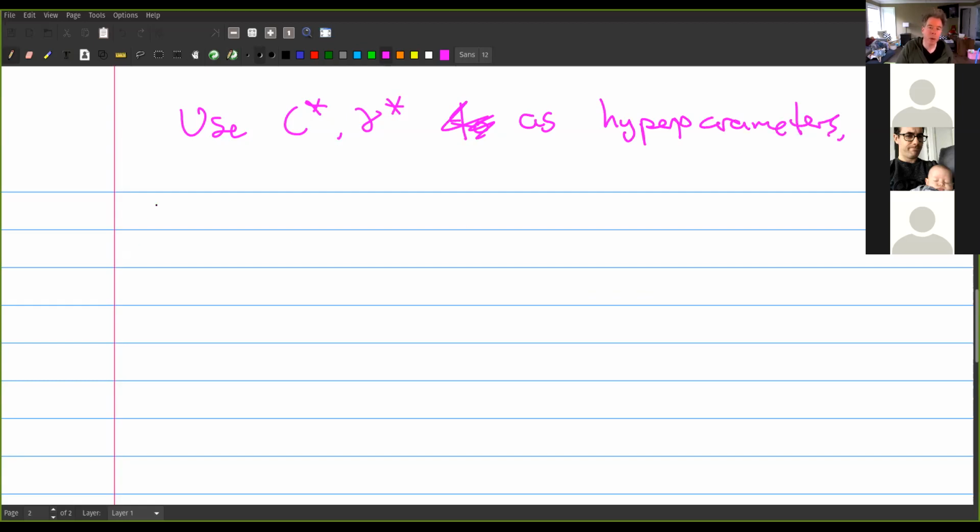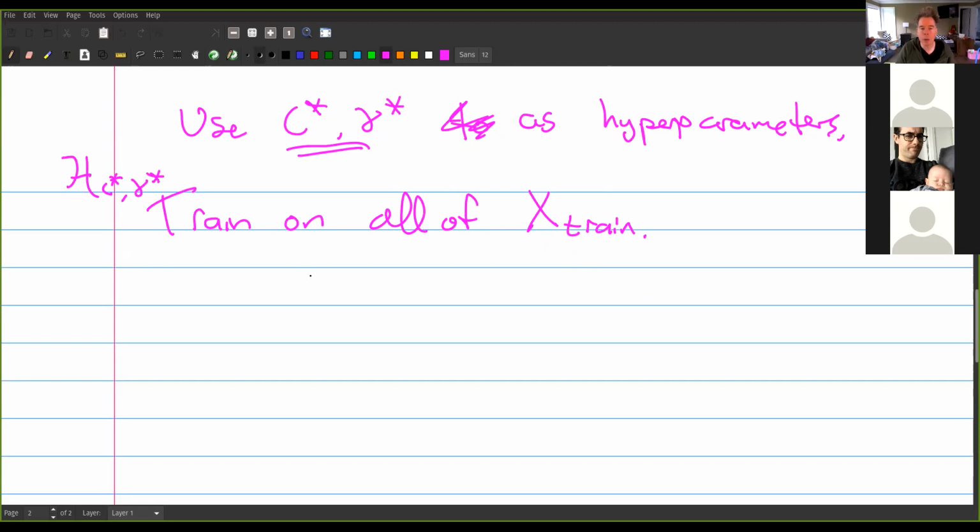And now we train on all of X train. That hasn't happened yet. We've used cross validation to select these parameters, but now we're going to train on all of X train for C star gamma star, and that's going to produce some best hypothesis.